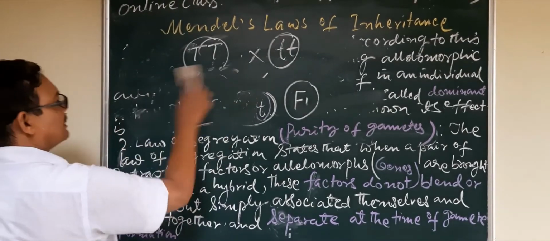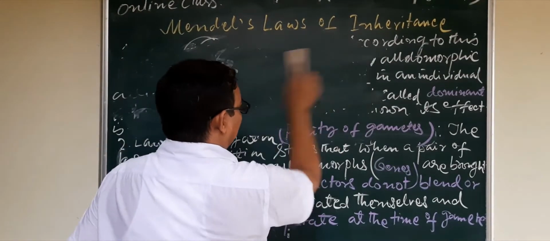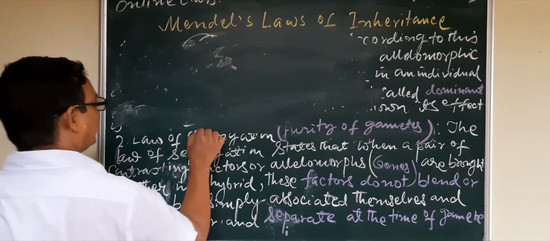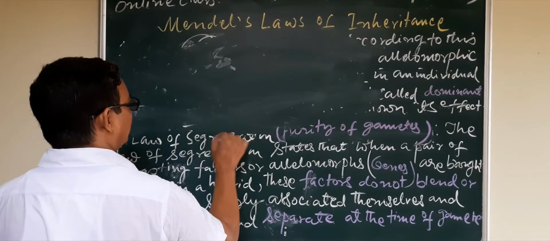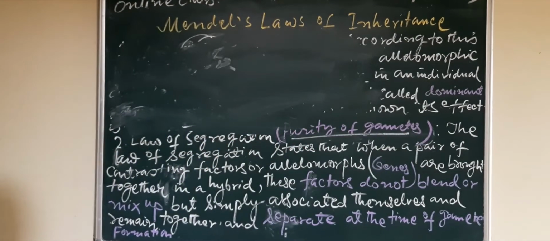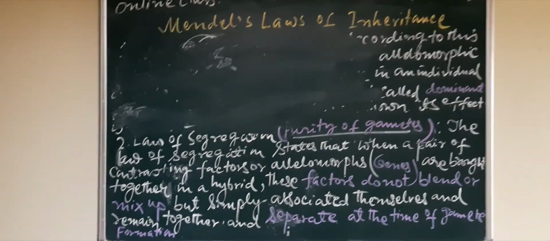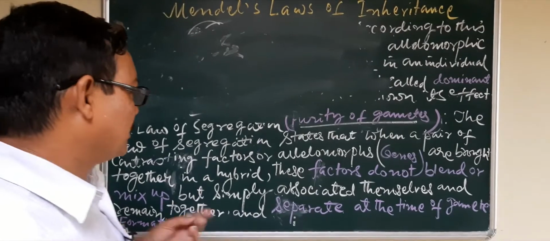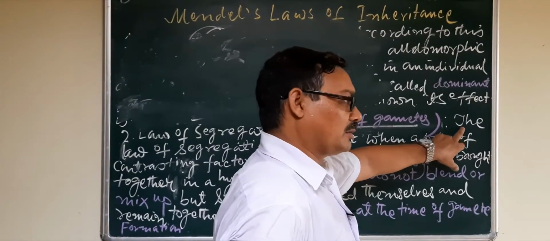Now come to the second law. In the second law of Mendel, what happened? That is the law of segregation, and it is also known as purity of gametes. In the last class I also told something about this one. Now you write the law and try to understand with the help of the monohybrid experiment.